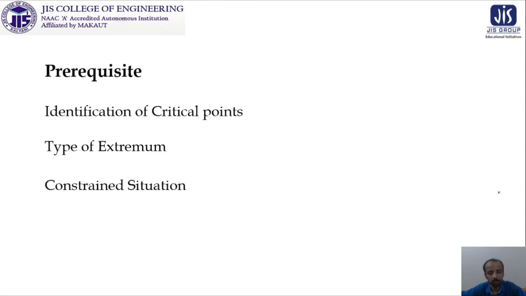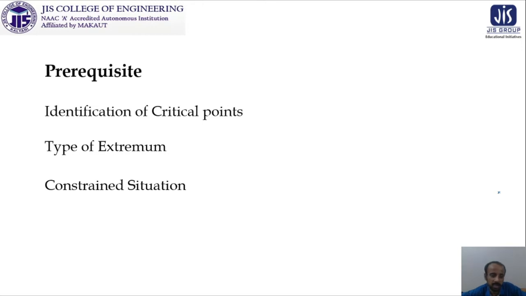But for this class specifically, we need to know the meaning of a constrained situation. Suppose you are asked to do something and you are free to do it, that means you are doing it without any constraint or limitation or restriction.